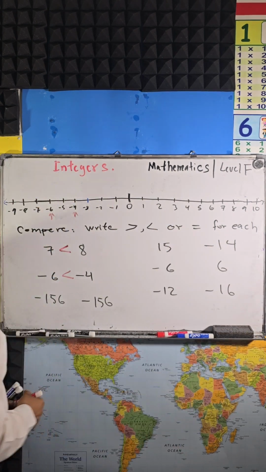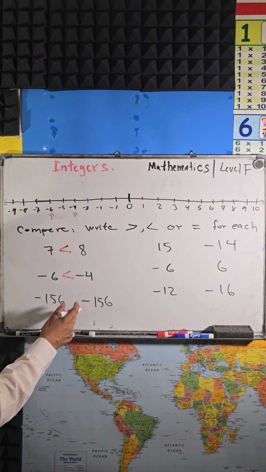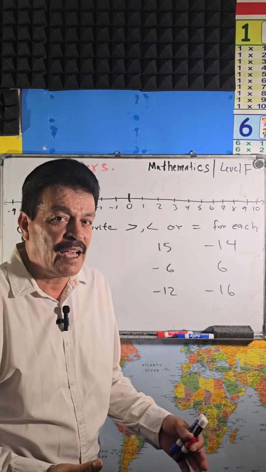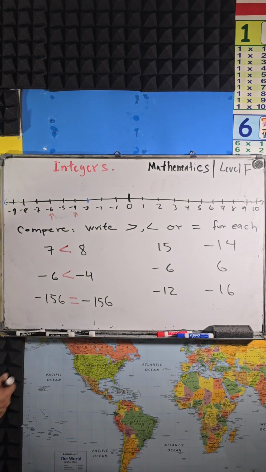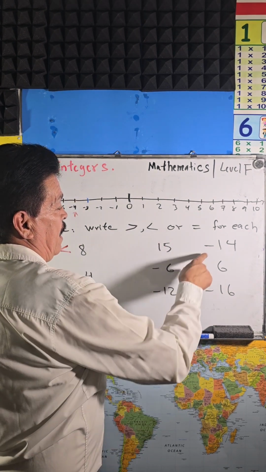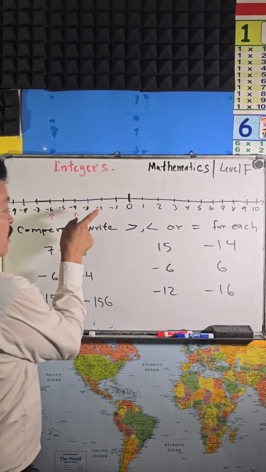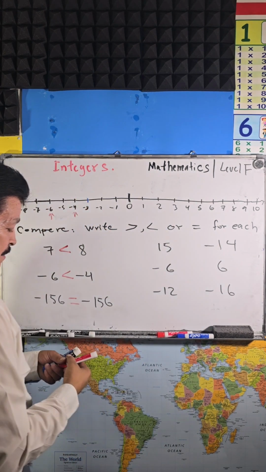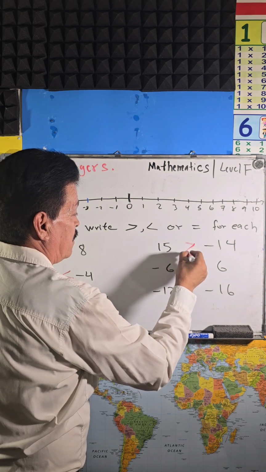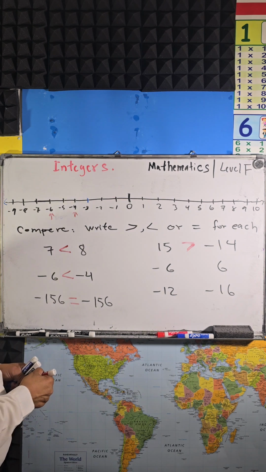Then we have 156 and 156. This is equals. It's the same one. Same sign, same number. So it's equals. On this side we have 15 and negative 14. Negative 14 is all the way to the left. So 15 is greater. 15 is greater than negative 14.